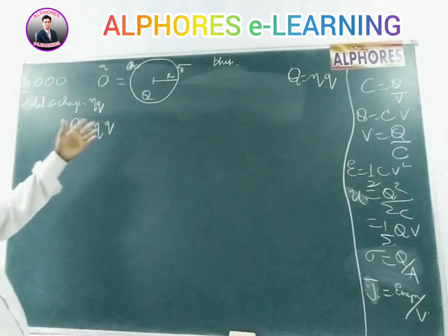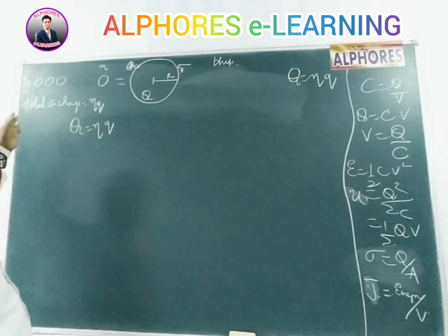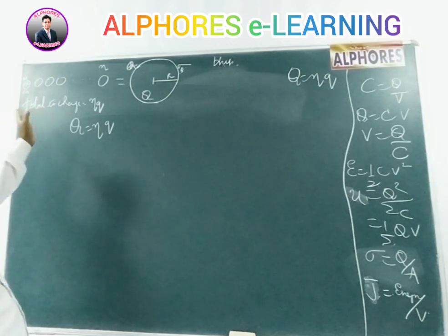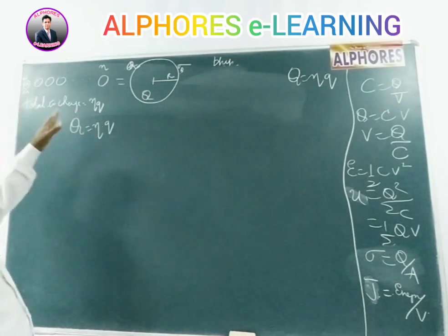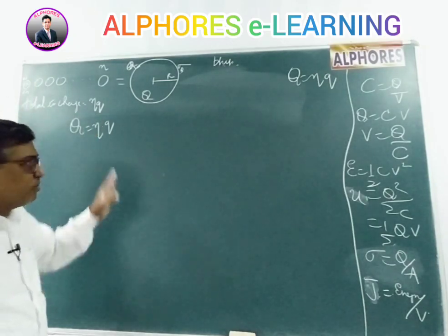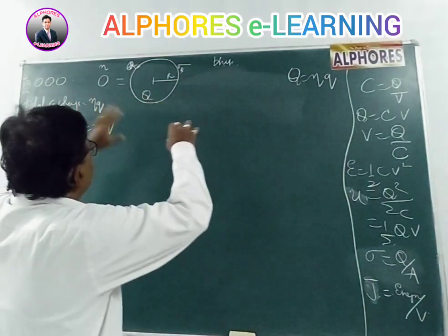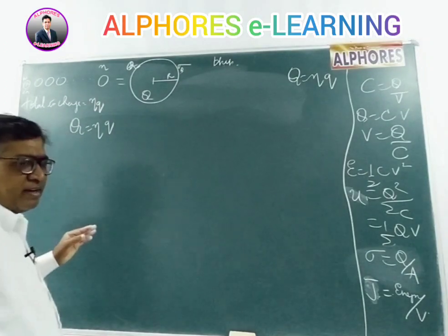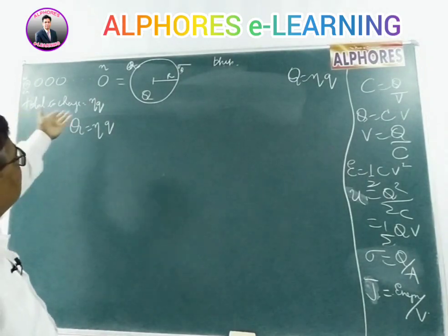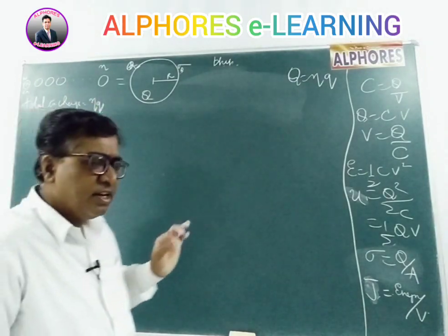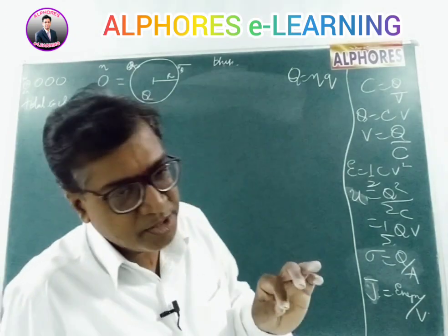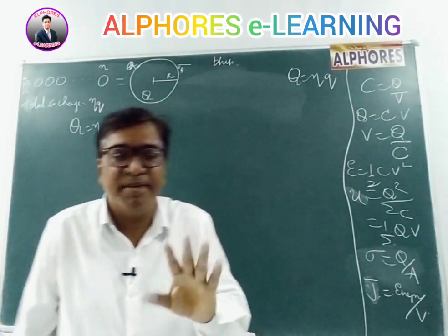The charge is conserved. Each one has charge q, n such charges, so the total charge is nq. The bigger one has capital Q, since all have combined into this one without any loss of matter. So all the initial charge is now combined. This charge will be conserved. In any such process, the charge always remains constant.